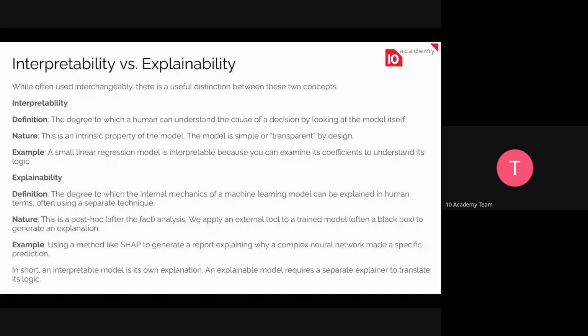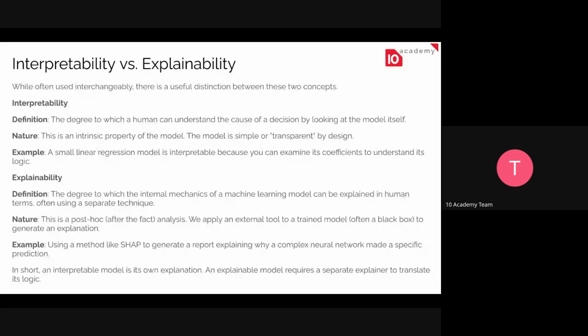The nature of this is post hoc, or after-the-fact, analysis. We can apply these external tools to a trained black box model, like a neural network, to generate explanations. For example, you can use SHAP to generate a report explaining why a complex neural network made a specific prediction. So this is very interesting.